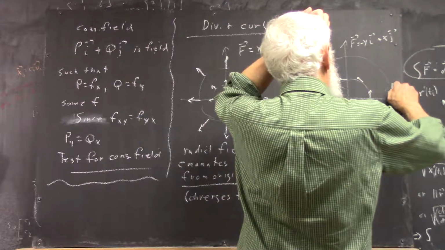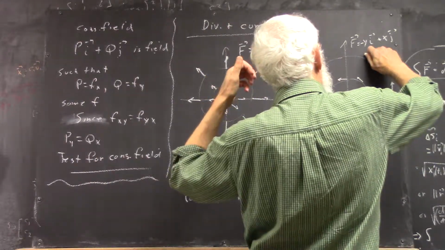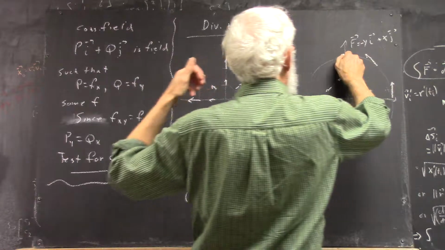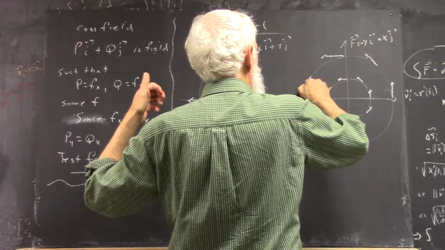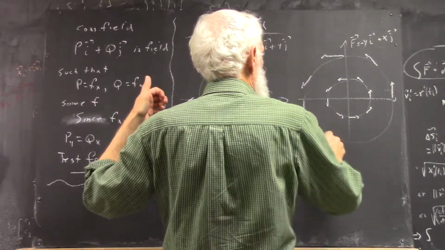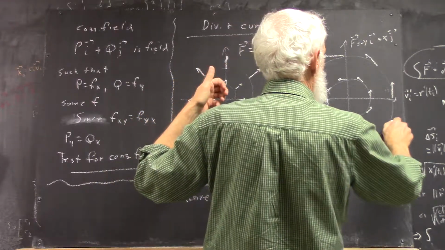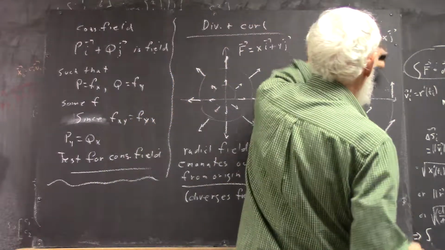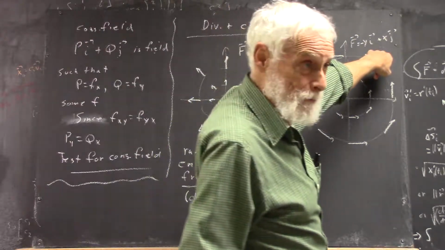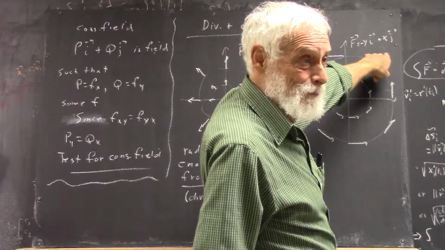But now we can draw a similar picture. And of course, if you want the thing to get weaker, you can just divide by x squared plus y squared, right?